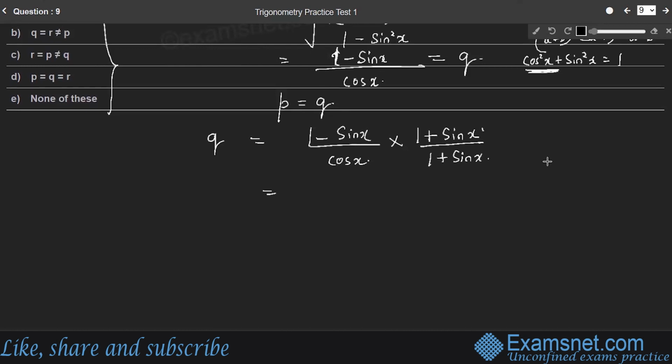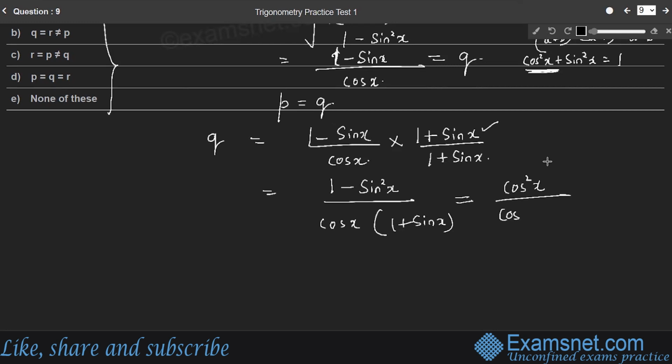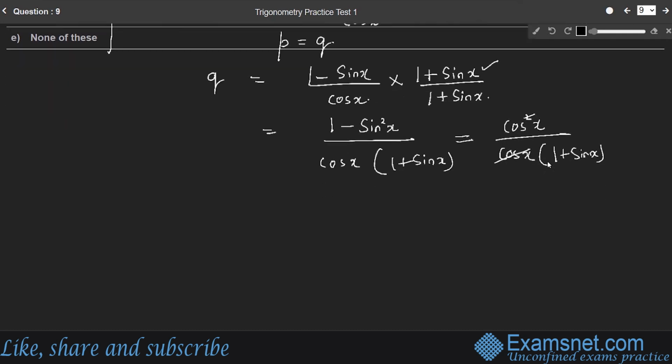So there will not be any change in the equation. Here the numerator is in the form of (a + b) into (a - b), which is a squared minus b squared. 1 - sin squared x divided by cos x into (1 + sin x). So it is 1 - sin squared x, which is cos squared x, divided by cos x into (1 + sin x). Here we can cancel one cos x from numerator and denominator.